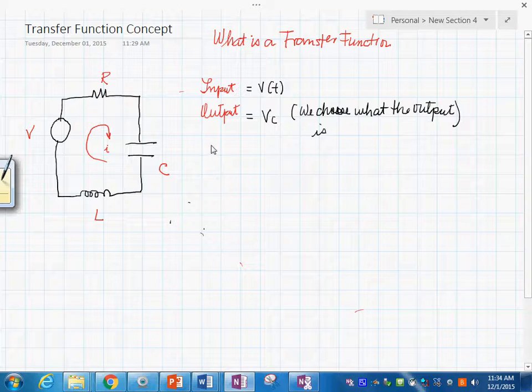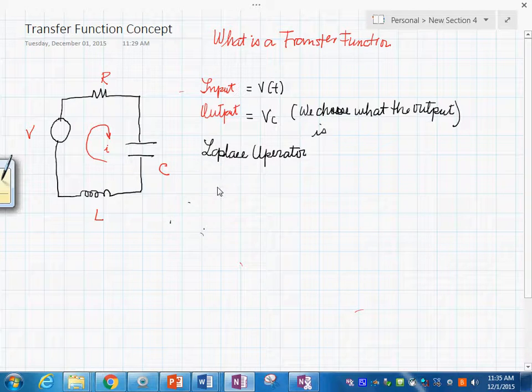Now, you see in here, let's touch on what I mentioned to you a moment ago, the Laplace operator, or Laplace transform.